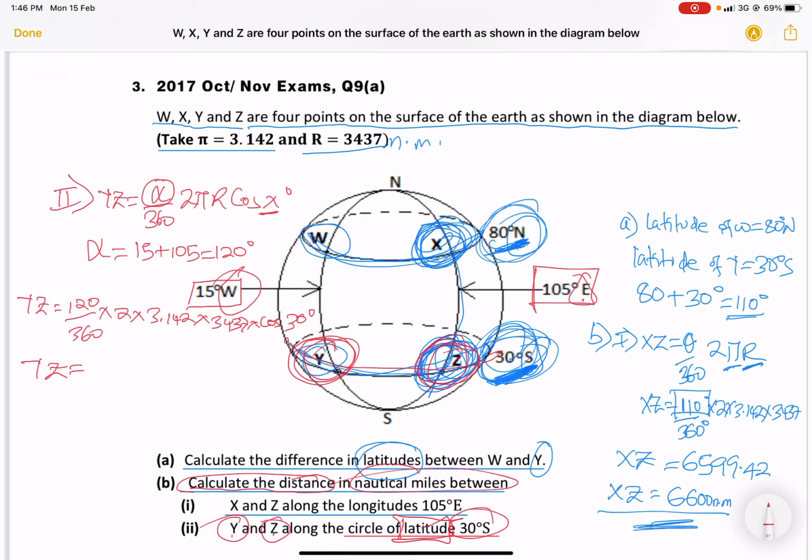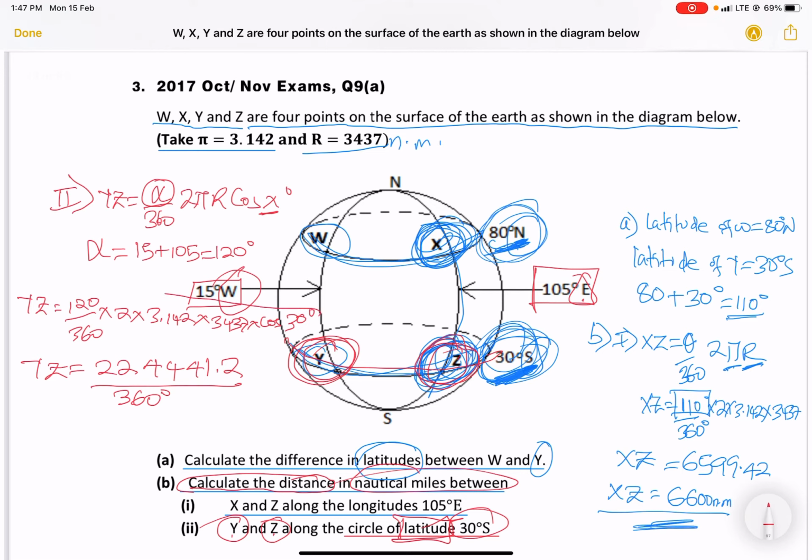You multiply everything there, and it will give us 224441.2 over 360.